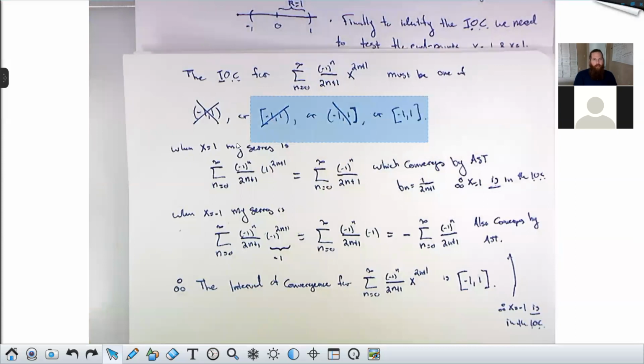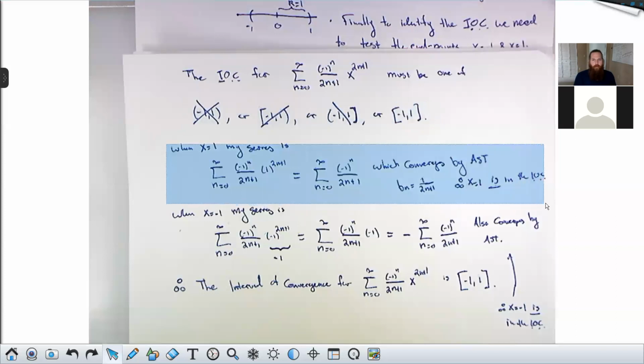So remember, my question is, which one of these is my IOC? And the difference between these 4 intervals is only the endpoints, right? These are all intervals from -1 to 1. It's just that some contain one endpoint, some contain neither endpoint, some contain both endpoints. The closed interval is the one that contains both endpoints. And from my work here, I learned that the right endpoint, 1, should be contained in the IOC.